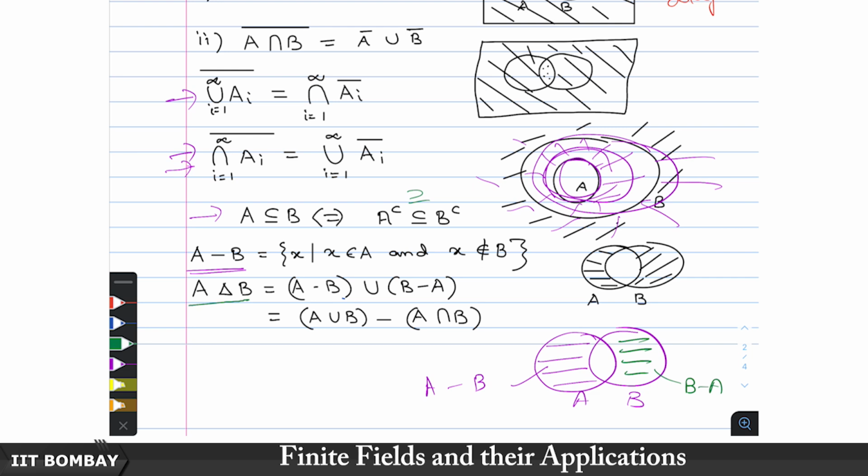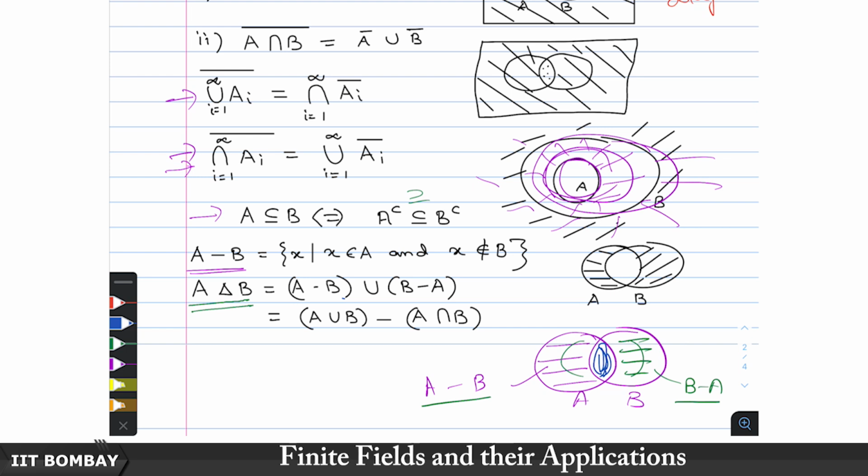This thing, A triangle B, is called the symmetric difference of A and B. It is the union of A minus B and B minus A. That means it is both this part and this part. One can also say it is the difference of A union B and A intersection B. From the union, you remove this intersection part and you get the symmetric difference.